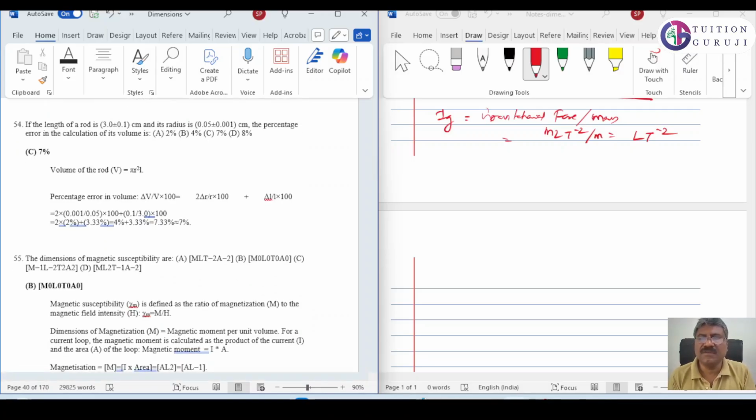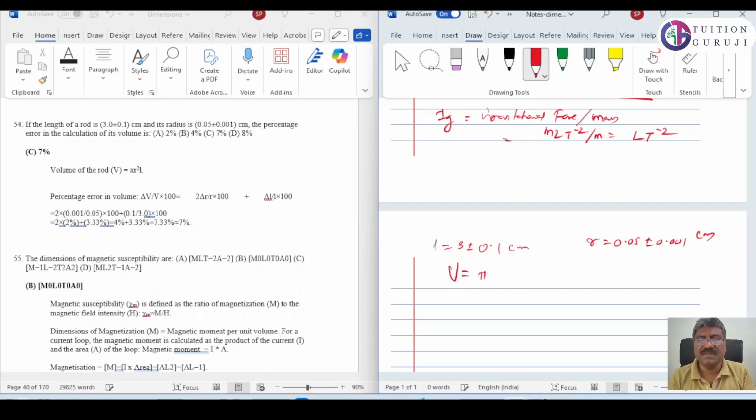Now, the length of a rod is 3 plus or minus 0.1 centimeter, and radius is 0.05 plus or minus 0.001 centimeter. Then find the percentage error in the volume.